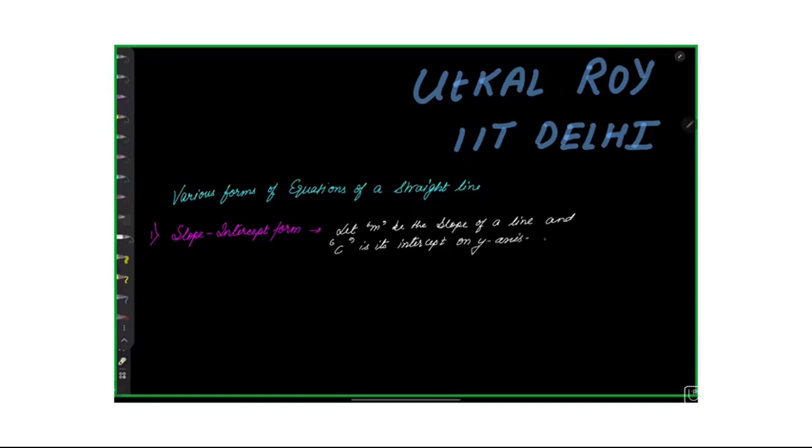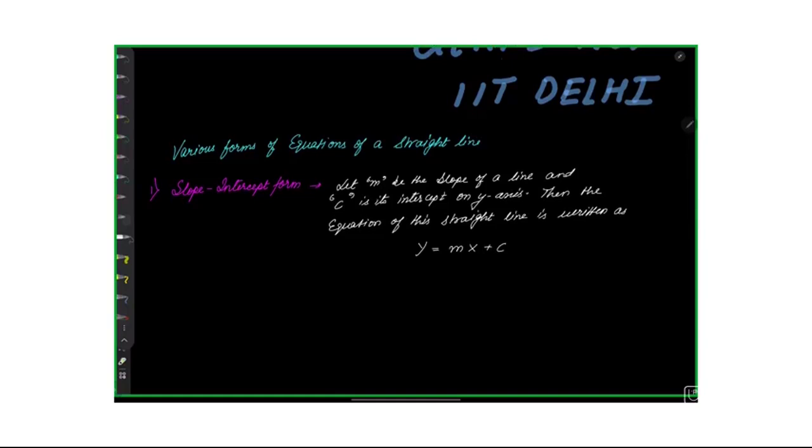Then the equation of this straight line is written as y equals mx plus c, right? Where c is the intercept and m is the slope, right? It's very easy.